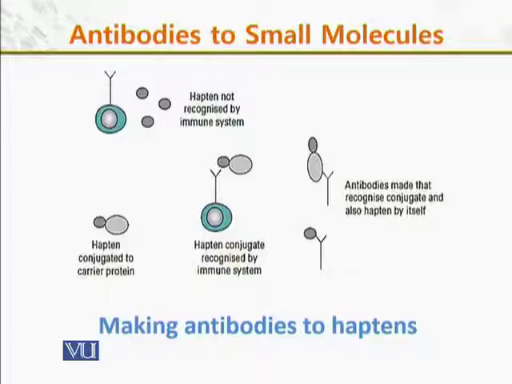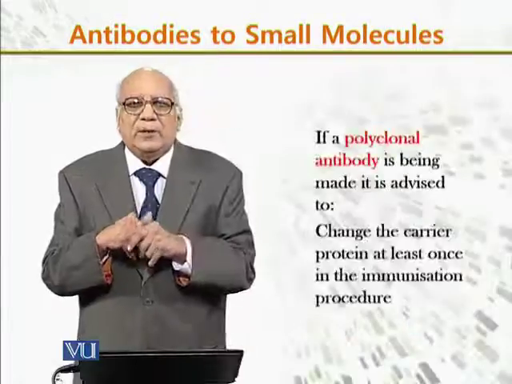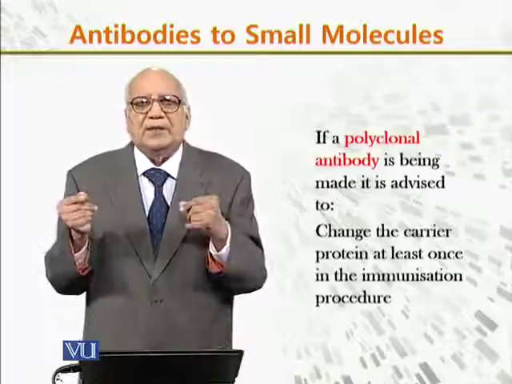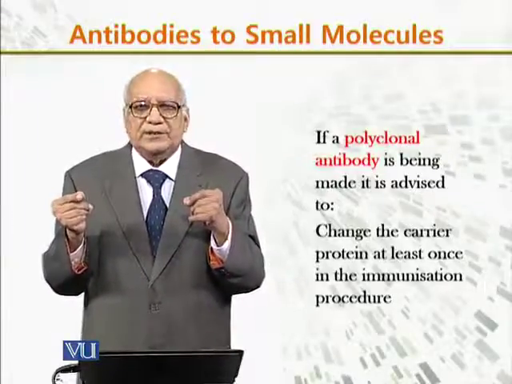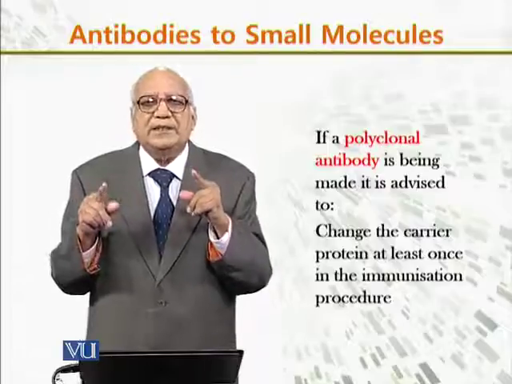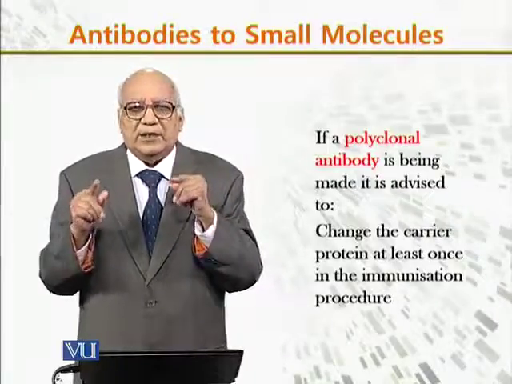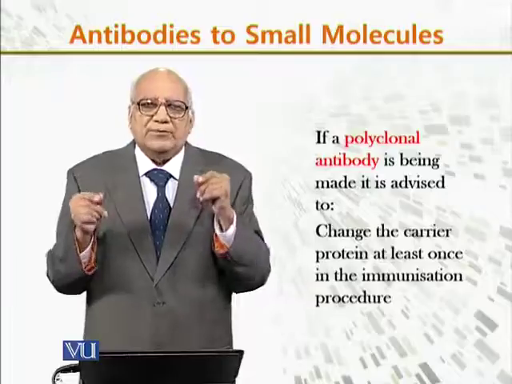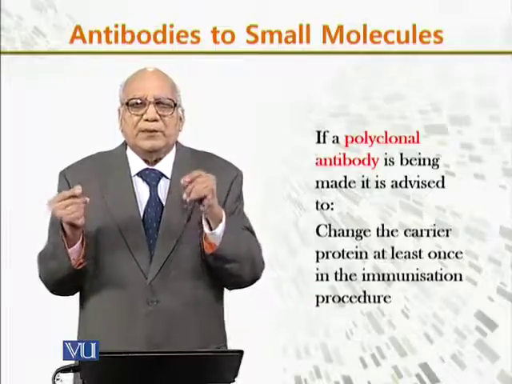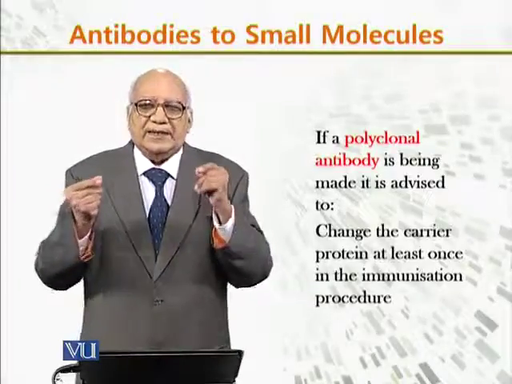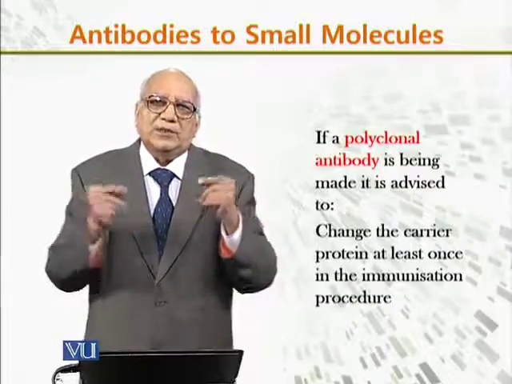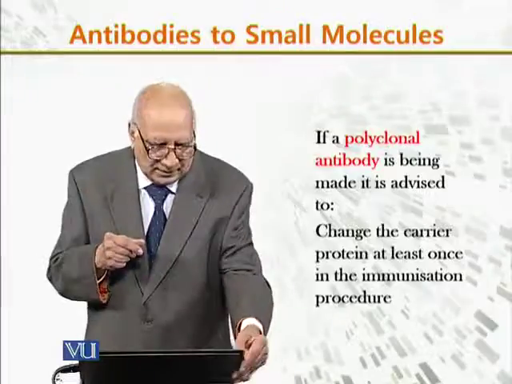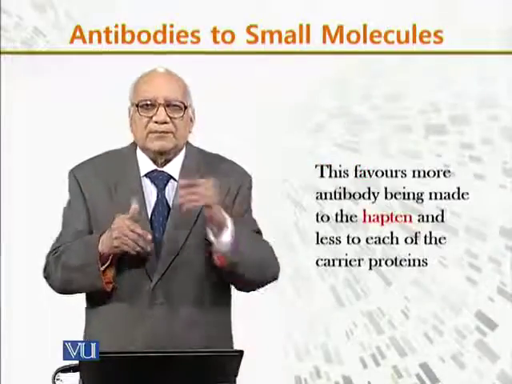molecular weight increases. Now, if a polyclonal antibody is being made, it is advised to change the carrier protein at least once in the immunization procedure. That is, if you want to make a polyclonal antibody, then you have to change the carrier protein once during the immunization cycle.